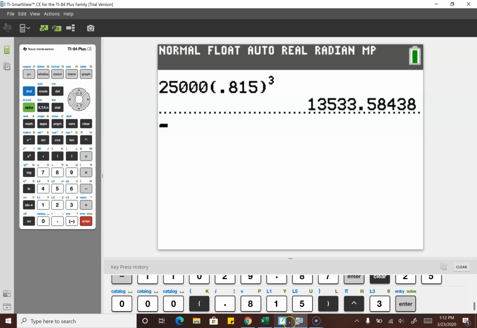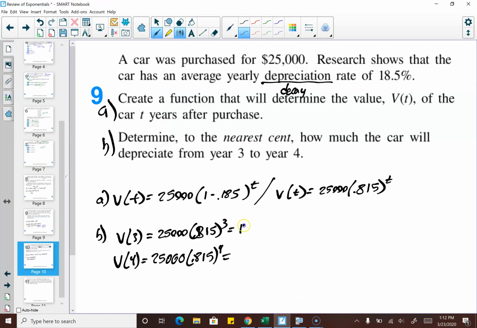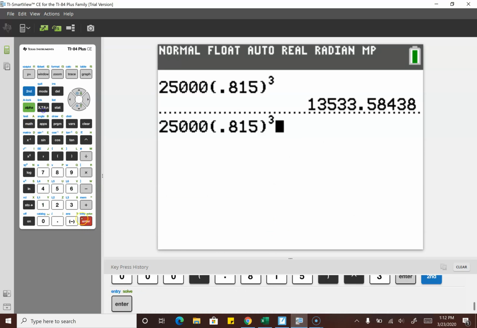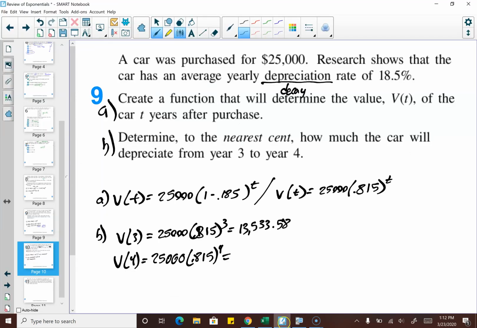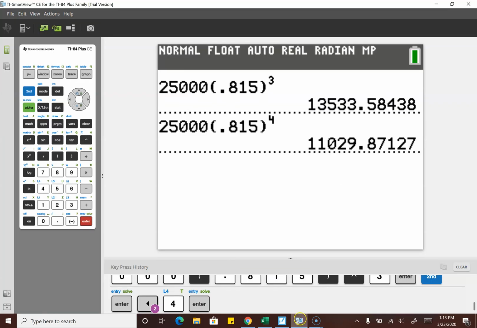And again, money goes to 2 decimal places, so we get 13,533.58. And then if we take that same equation and enter it with a 4 now, we get 11,029.87.